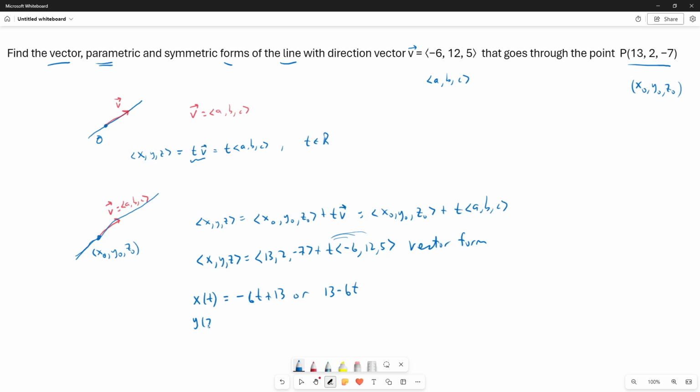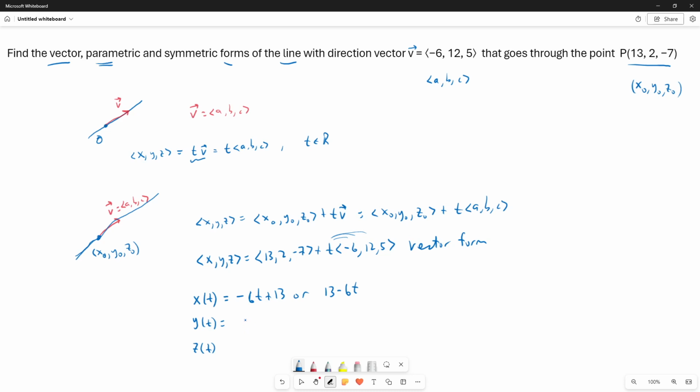Then we have to do the same thing with the y and the z components. y of t. So what's y of t? y is in the middle, so it's going to be y0 plus t times b.